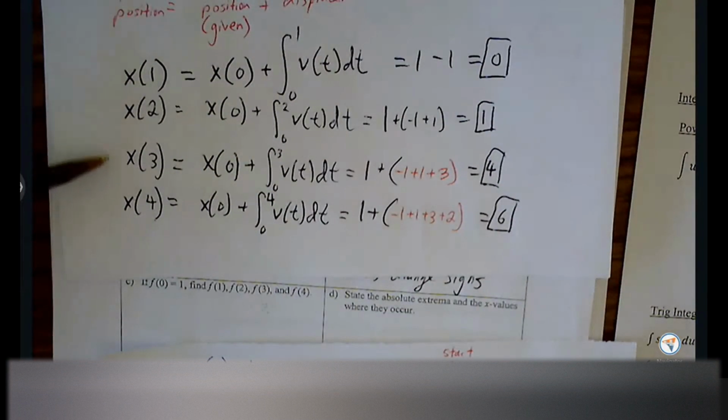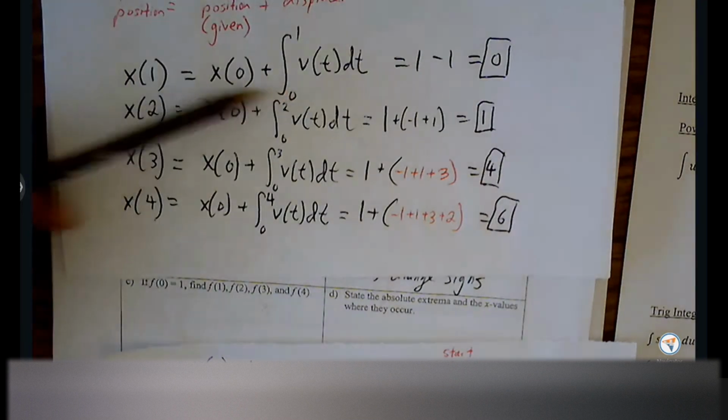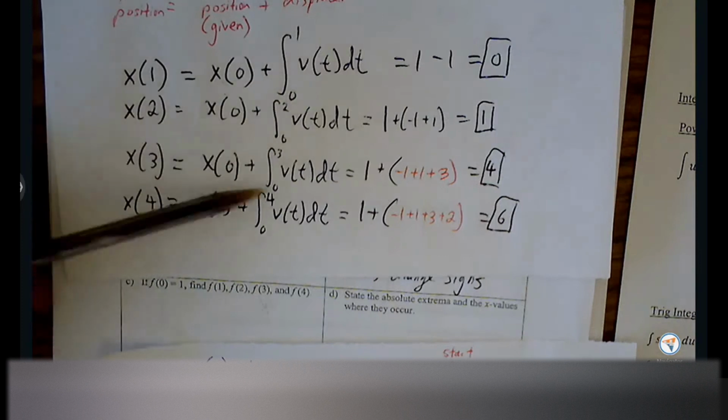Okay, so I want us to be comfortable with these notations. But I started us off with a visual anchor, so you can always picture what's going on based off of these notations.